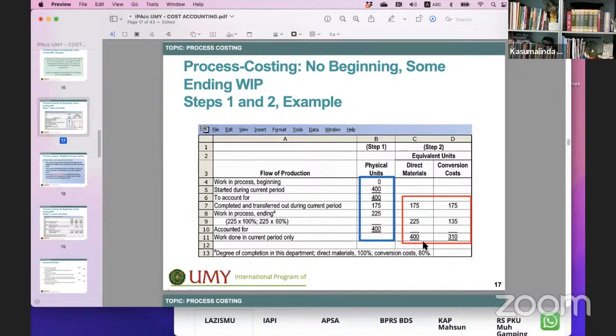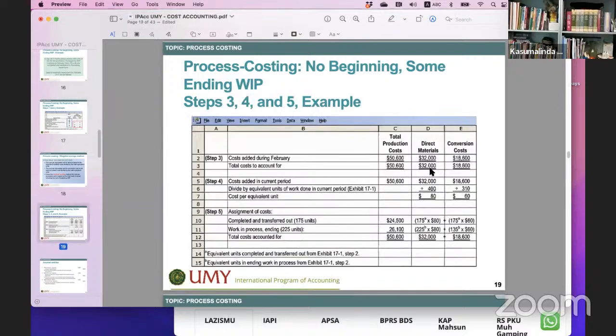The same goes for conversion: 18,600 divided by 310, the equivalent units from step 2. So we get the cost per equivalent unit: 80 for direct materials and 60 for conversion cost.